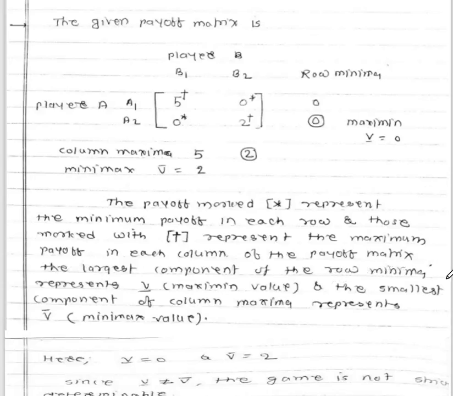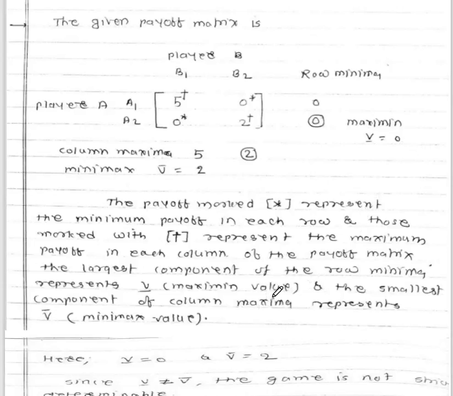The largest component of the row minima represents the lower V bar, which is the maximin, and the smallest component of the column maxima represents the upper V bar, which is the minimax.